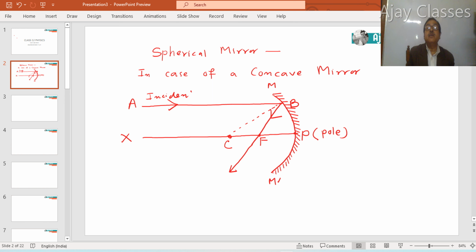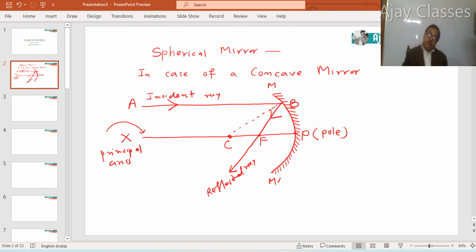AB is the incident ray of light. B to F is the reflected ray. XCP is the principal axis.